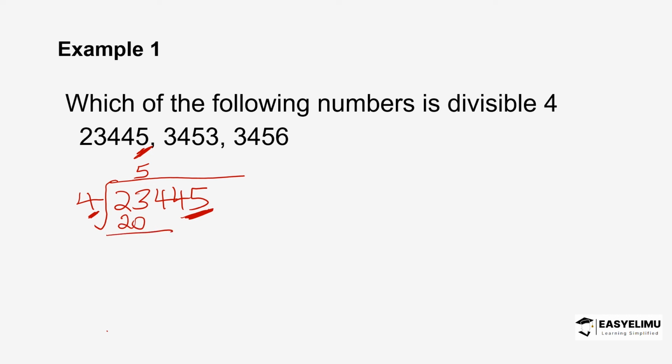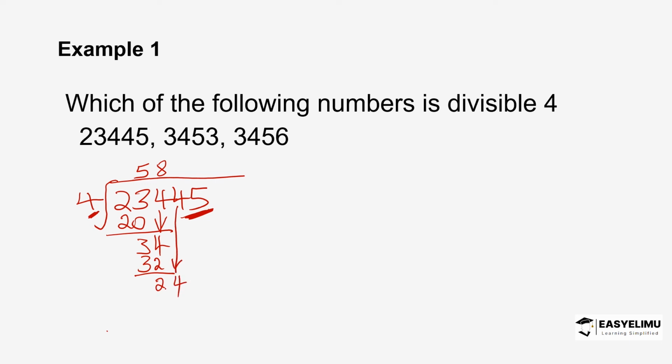Take note of where I'm writing the 5, on top of the second digit. If you subtract, this is 3. This one subtracted will be 0, so I don't write it. So we just drop this down, and 34 divided by 4 is 8, and 8 times 4 is 32. So you subtract again. This is 2. Then you drop the next 4.